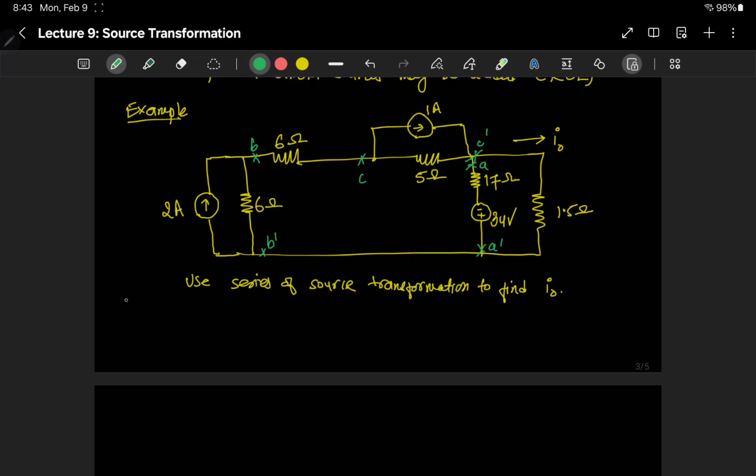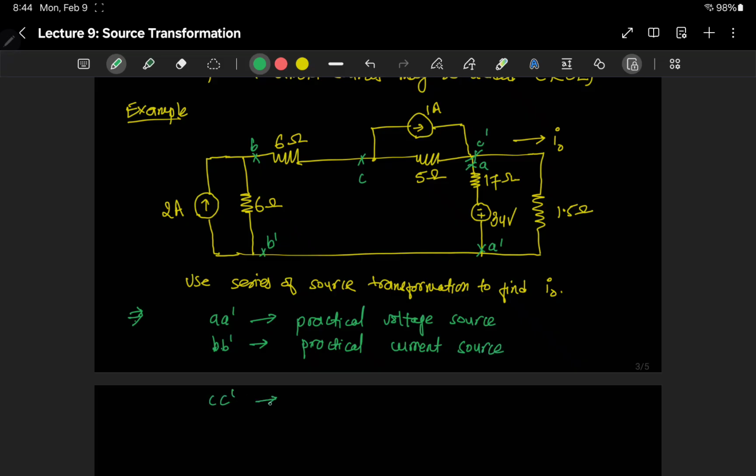Okay, in that case, in this question, AA dash is our practical voltage source, and BB dash can behave as a practical current source, and CC dash can behave as a practical current source again.